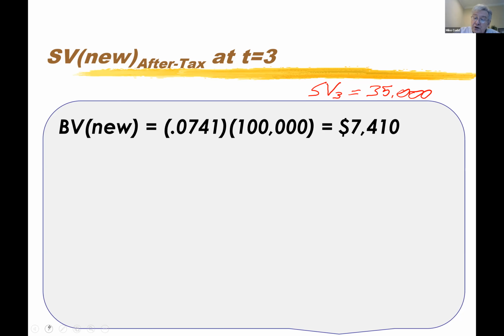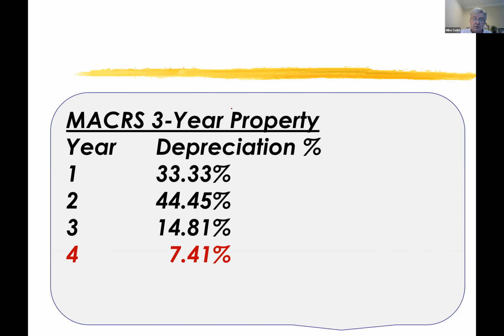But another way to arrive at book value is to calculate untaken depreciation. If you look back at slide 11, in fact, let me go ahead and take you there, see if I can. Cool.